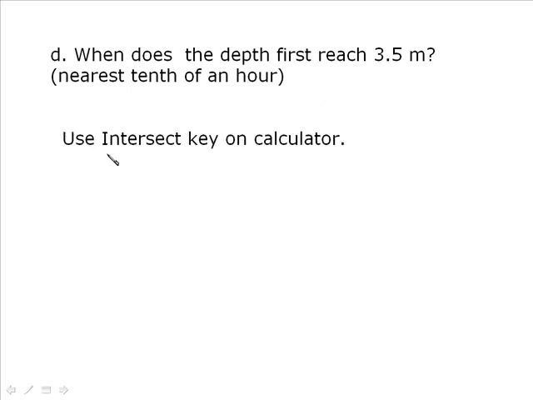So what I'm going to do instead is use my intersect key. In case you have forgotten, and I hope you have not, this is found in your calculate menu. So if you go into calculate, which is second function trace, you do see number 5 is intersect.